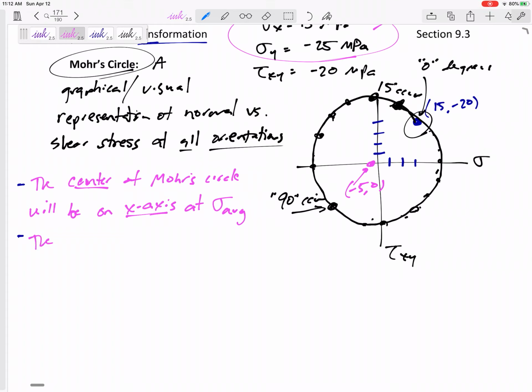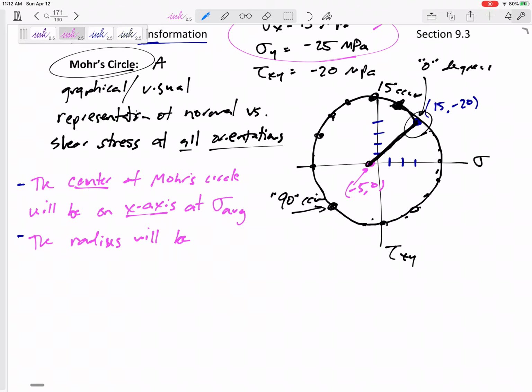All right, how about the size? How about the radius? It will be the distance of your original point to the center of the circle. Doesn't that make sense, that the radius would be the distance that any point is away from the center of the circle?